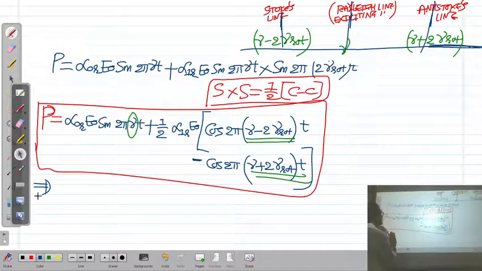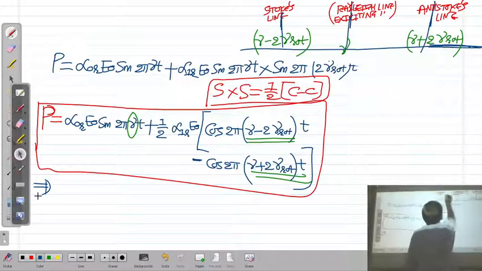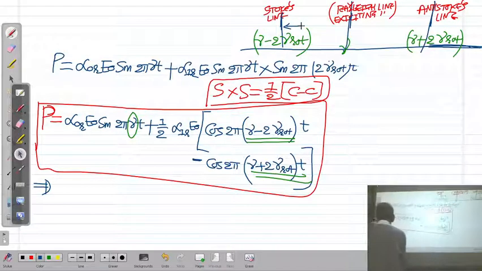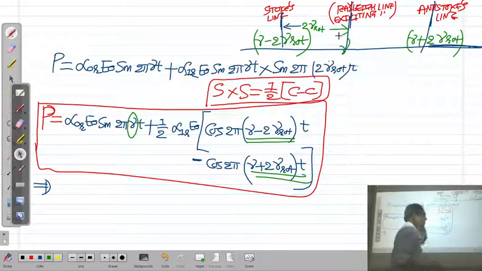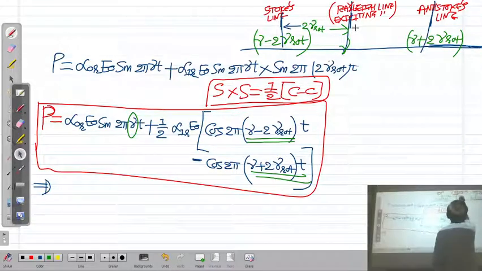The distance of the Stokes rotational line from the Rayleigh line will be 2 nu rho, and the distance of the anti-Stokes line from the exciting line is also 2 nu rho.